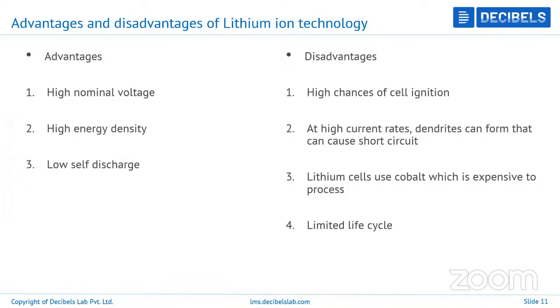We also compared some of the properties of all the cell chemistries, and then we understood why lithium ion is preferred over so many other types of cells. And then we have here the advantages and disadvantages. So this is your brief overview of cell reactions and chemistries.